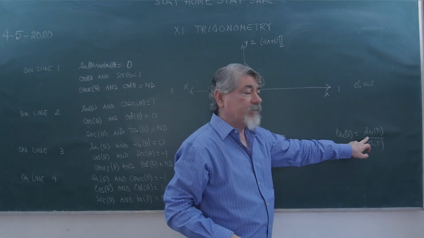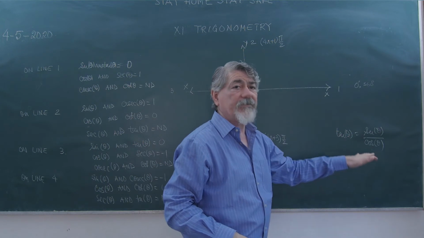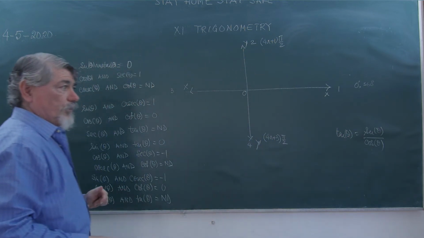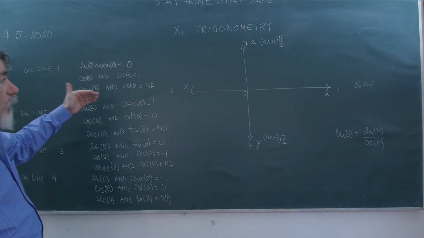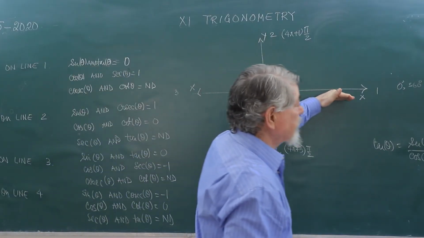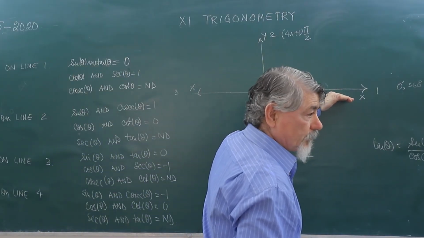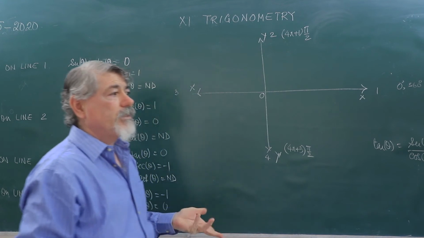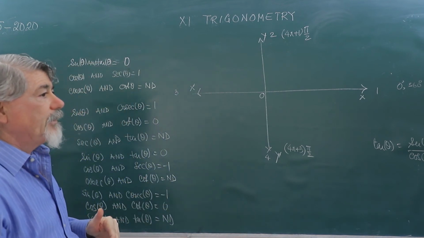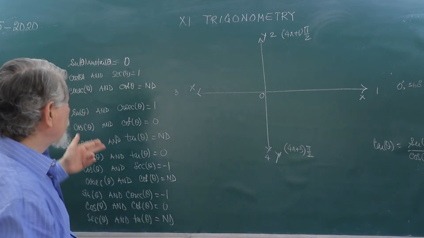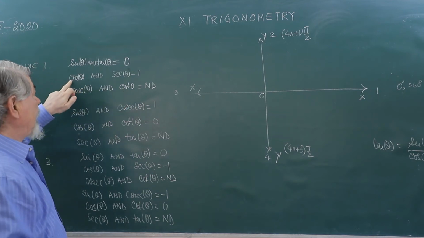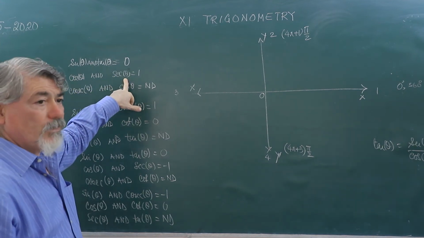If sine theta is 0, tan theta will also become 0. So along this line, sine theta and tan theta are 0. And if sine is 0, then cosec will be not defined. And if tan is 0, then cot will not be defined. And cos theta and sec theta are 1.